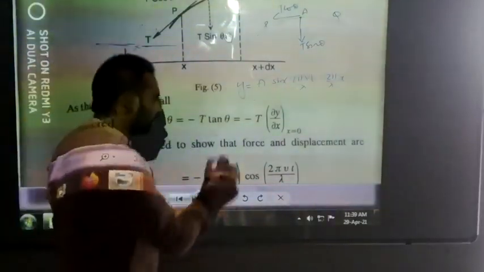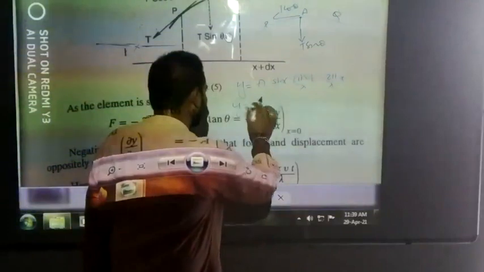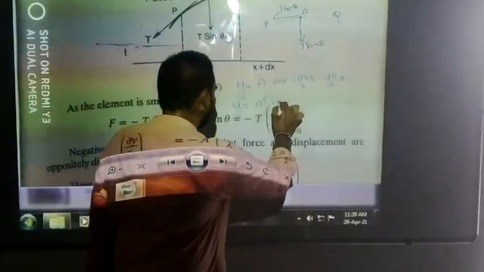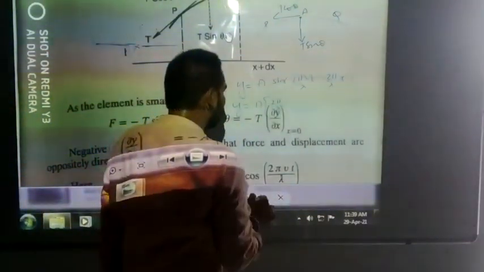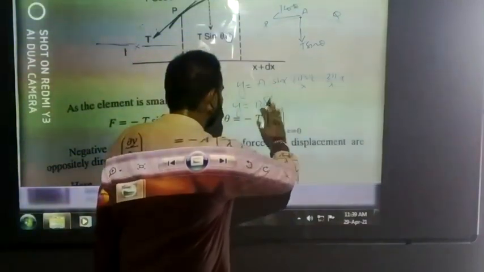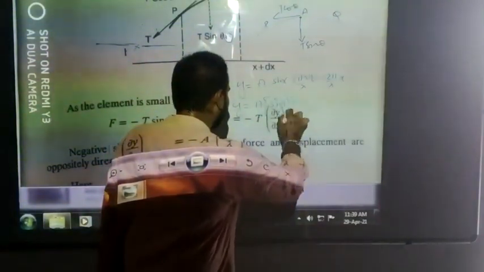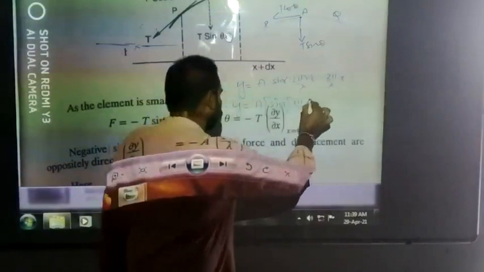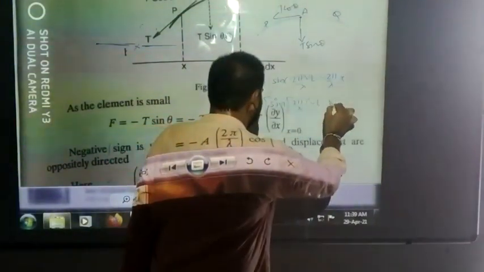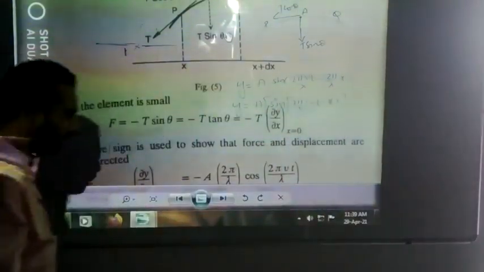So we can write y = a sin of 2π/λ common, then (vt − x). Okay, (vt − x).